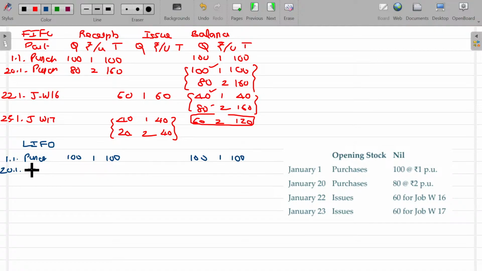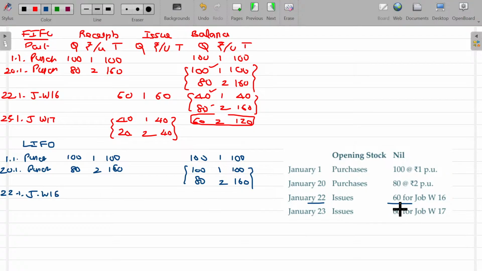On 20th Jan, you purchased another 80 units, but the rate is 2, 160. Final value being 100 units at rupee 1, not only that, 80 units at rupee 2, we have 260 in total.